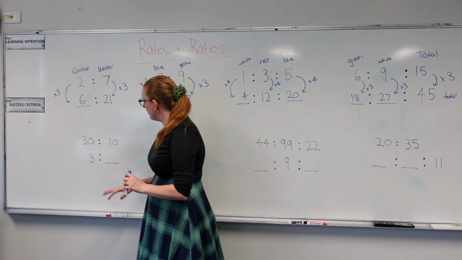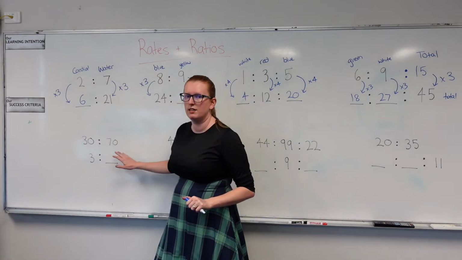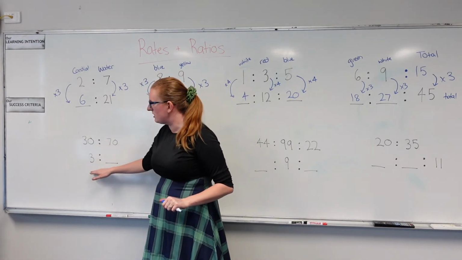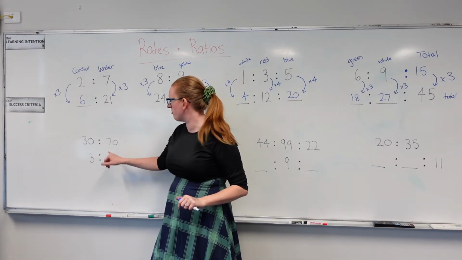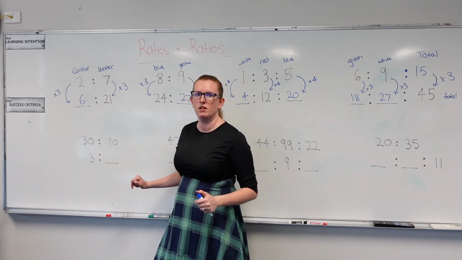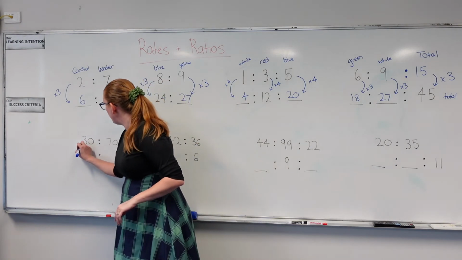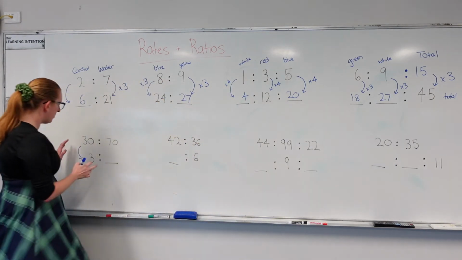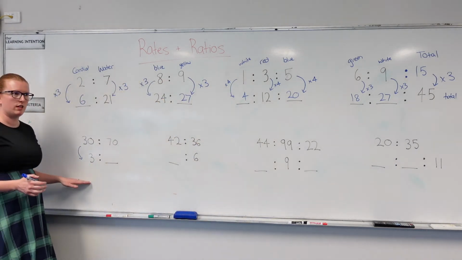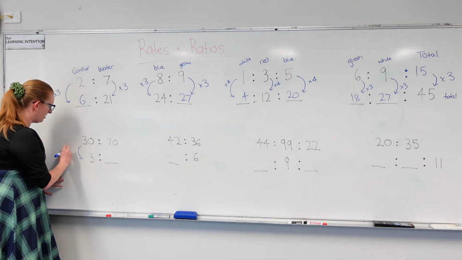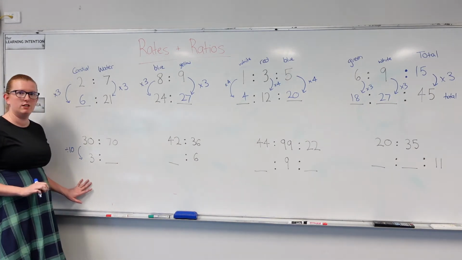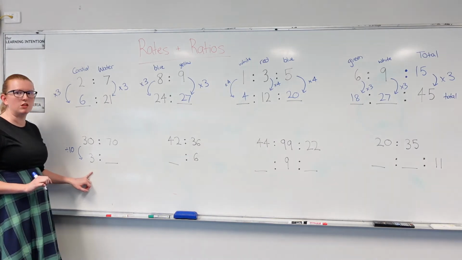All right, so here we've got 30 to 70, and I need to reduce it down to a ratio of 3 to something. So how do I go from 30 to 3? I've divided by 10, because 30 divided by 10 gives me 3.